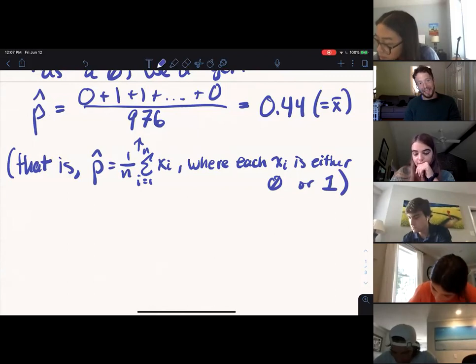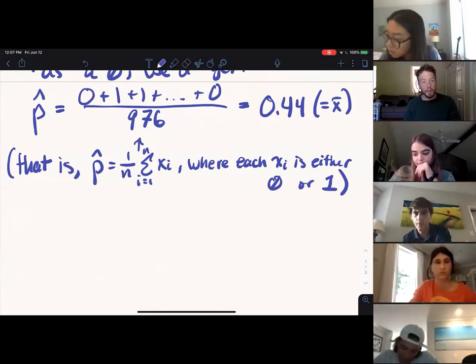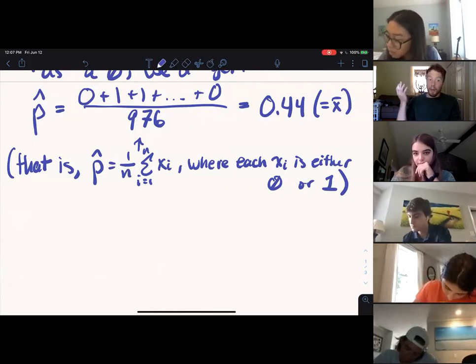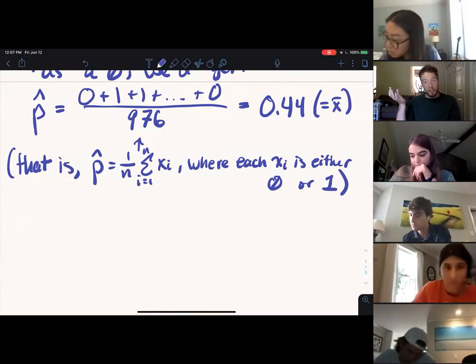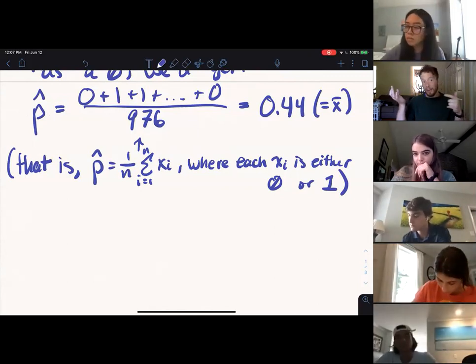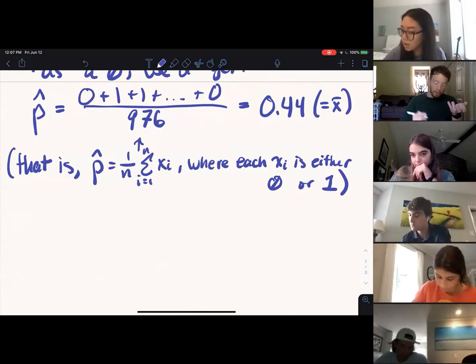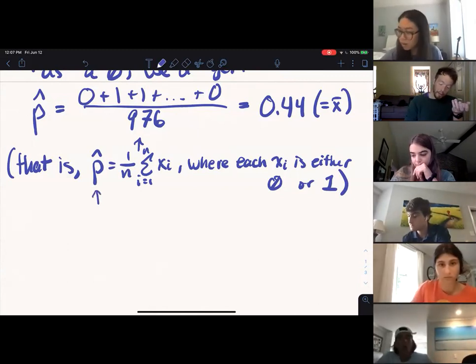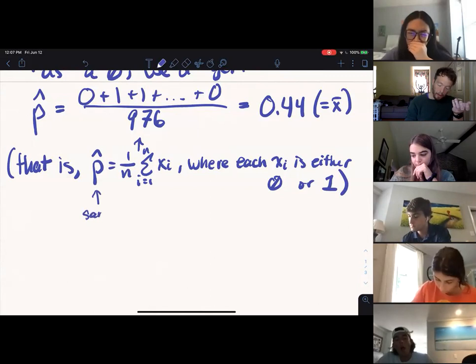Okay? So we are likely going to want to perform inference. That's kind of the next thing I'm going to be pushing us towards. And what does inference mean? It means we have this unknown value associated with our population, and we're going to say what we can about this unknown value with our sample. So in this case, our sample is this p hat, right?